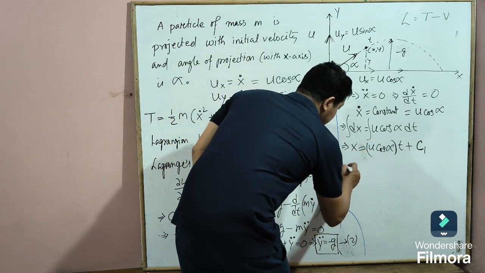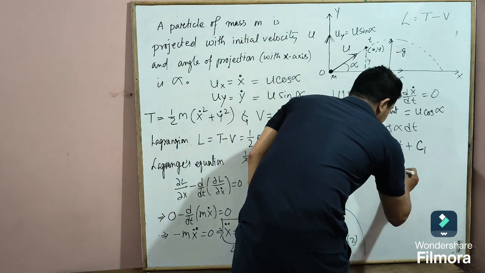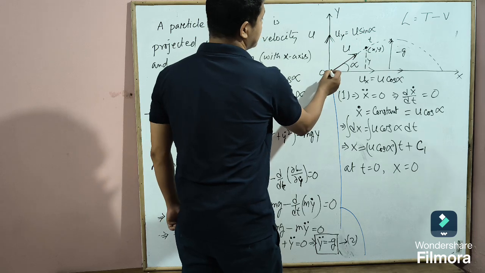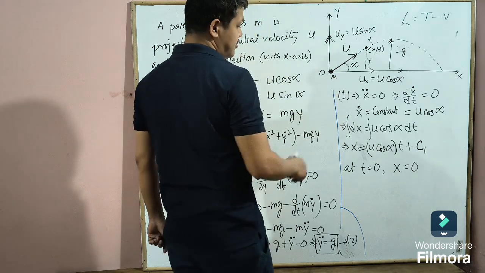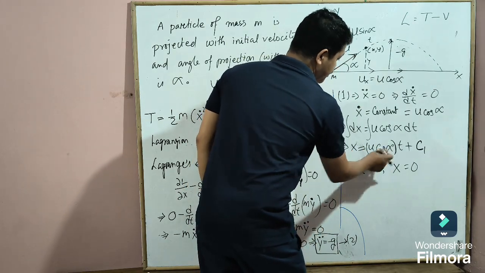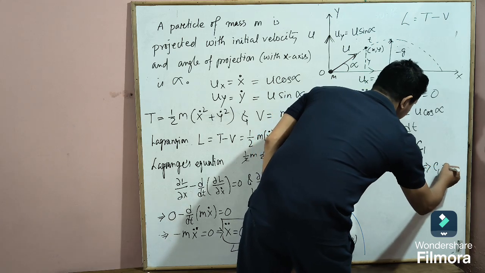Now at time t is equal to 0, x must also be equal to 0, because at t is equal to 0 the particle was here, so the distance traveled along the x-axis is 0, right? So in the above equation, if you put 0 here, this implies c1 is equal to 0.